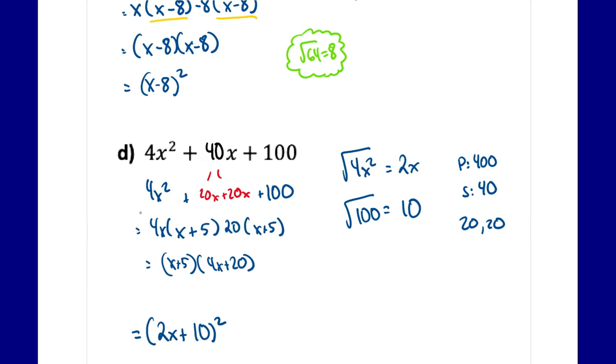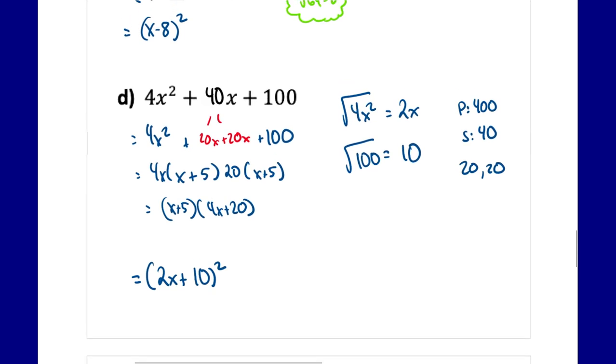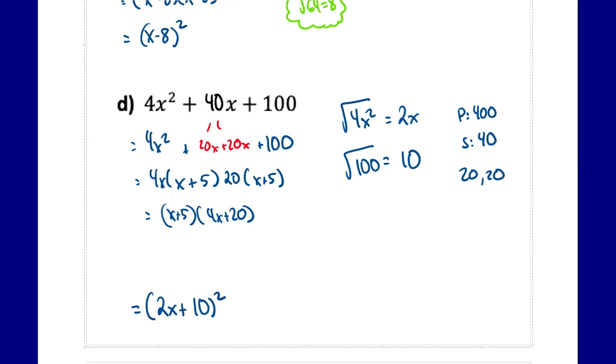This is a little bit different. Maybe not the greatest example, but if we were to factor this even further, we could take a factor of 4 out of the second one. I have x plus 5 times x plus 5 times 4.